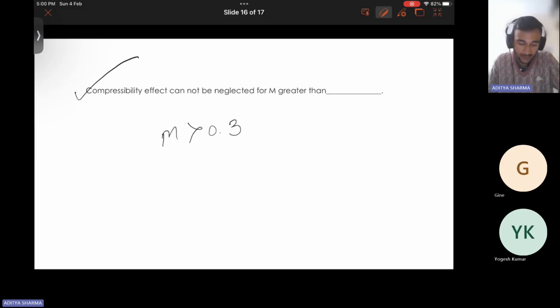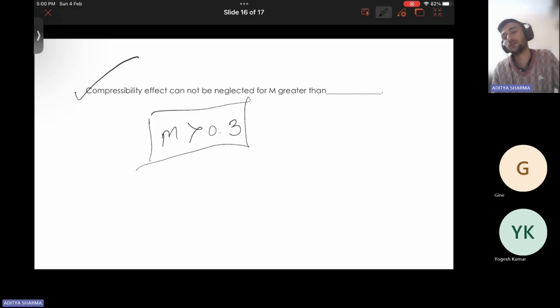So this is Mach number 0.3. What I was saying is that when Mach number is from 0.3 to 0.8, we say that the flow is subsonic. But from 0.3 onwards, the compressibility effects start coming into picture slowly and steadily.